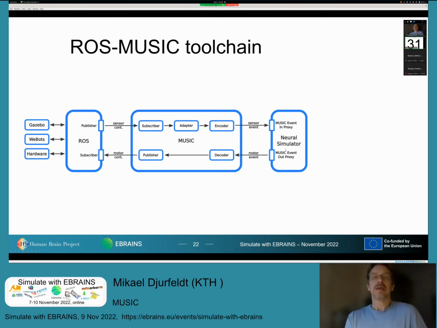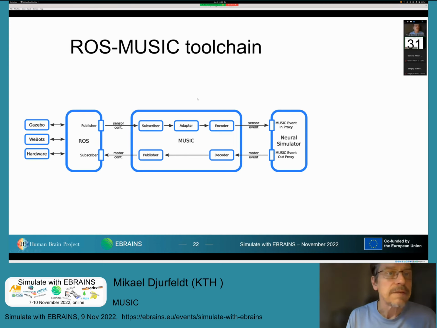And then something similar happens the other way: the spike trains from Spinnaker are decoded into continuous data, also sent through music, and this continuous data is driving the wheels of the robot. So there are many steps here. It's actually 4 applications before you talk to the ROS world on one of the chains, and then 4 applications on the other.